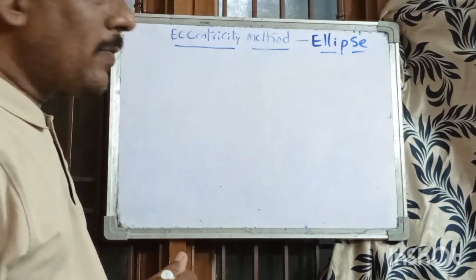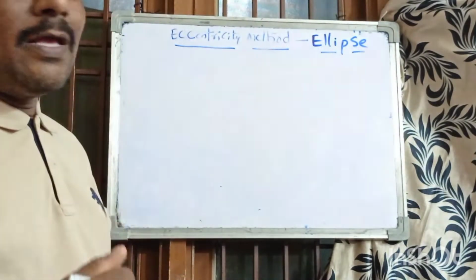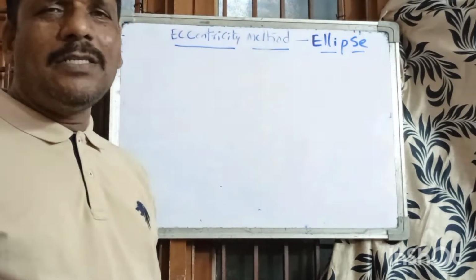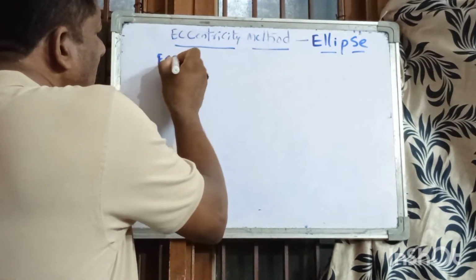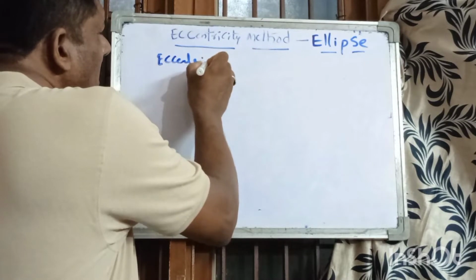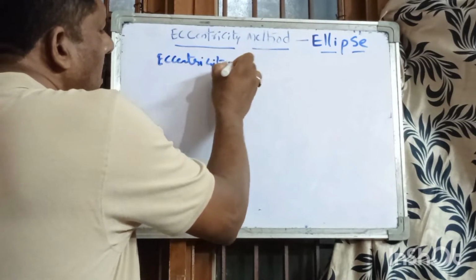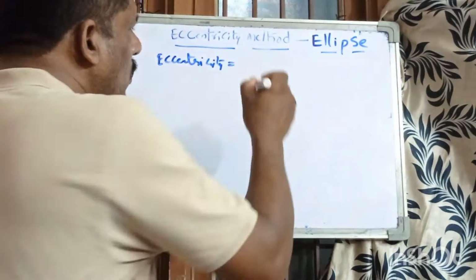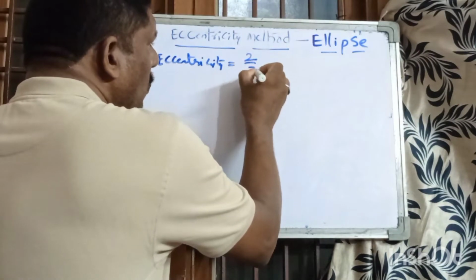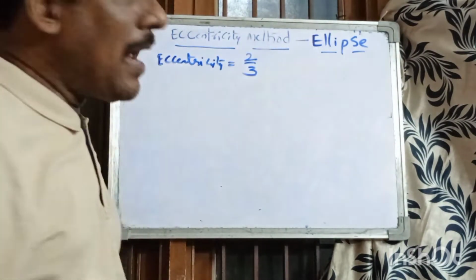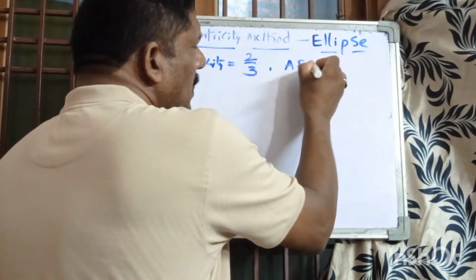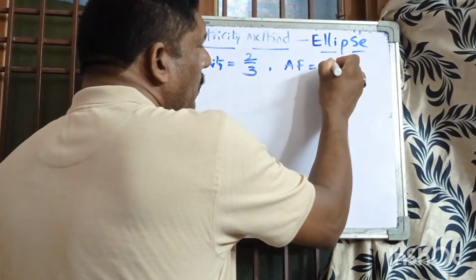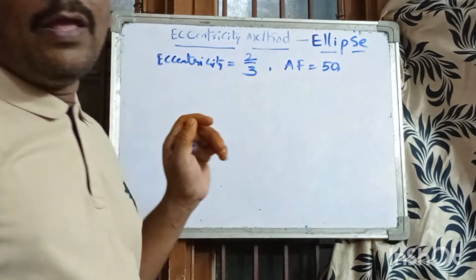Here the question is, in this eccentricity method, we will give the eccentricity. Suppose the eccentricity is equal to 2 by 3, and the distance from directrix to focus is given as 50 mm.